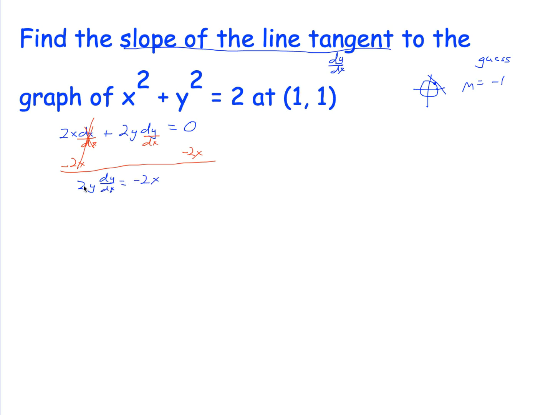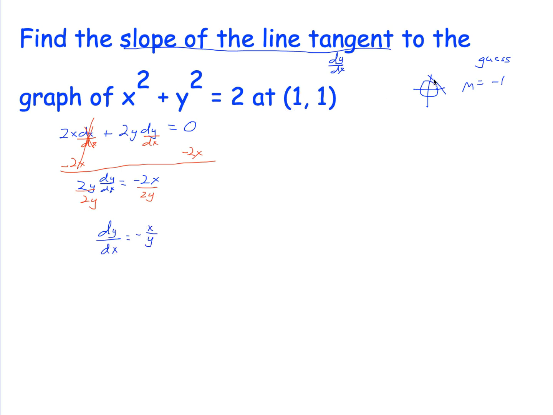And to finish it off, we would divide both sides by 2y. And we see that the 2's would cancel, and we get -x over y. So dy dx equals -x over y.